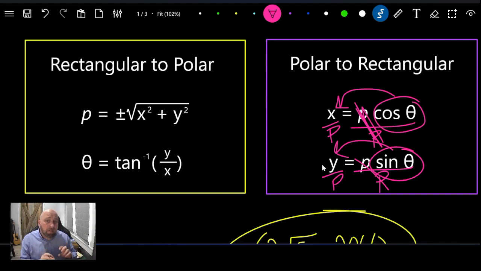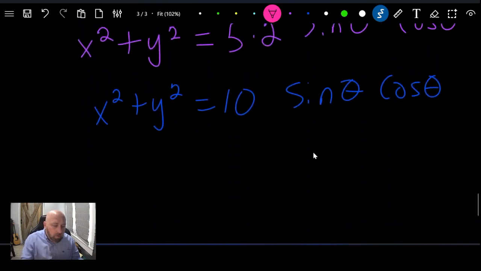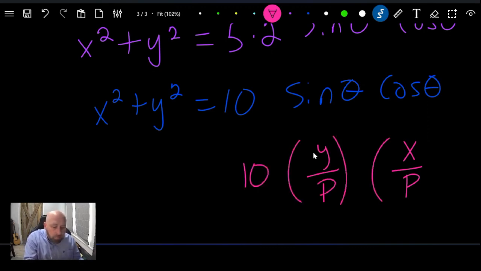So let's plug in x over rho for cosine of theta, and y over rho for sine of theta, and this is still times 10, and this is still x squared plus y squared.